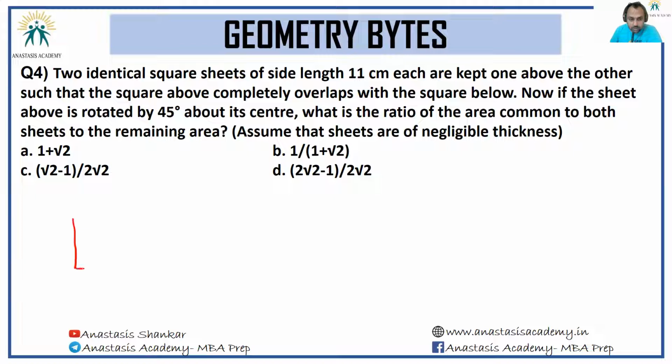Okay, so the final shape will look something like this. First, you will have two squares like this. Now, if you turn it 45 degrees, the new shape that you get will be something like this.